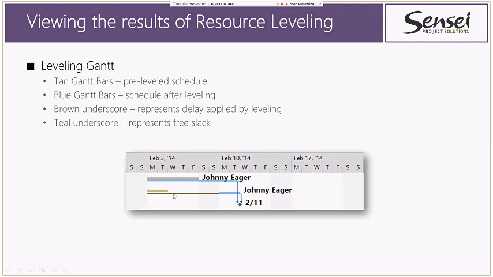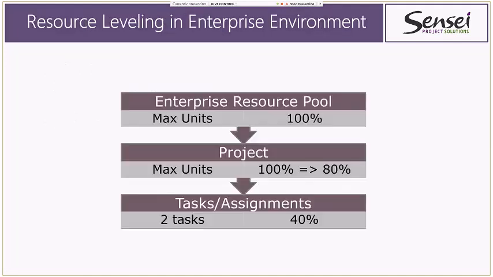In this case, this underscore here is the delay that was applied. Excuse me, actually, that's the free slack. My apologies. And no, it's not. It's a leveling delay. I looked at the wrong thing. And up here, you have the free slack. You can barely see it because of the link here. They also changed the colors on me in the latest release. So that's how to read this particular Gantt chart.